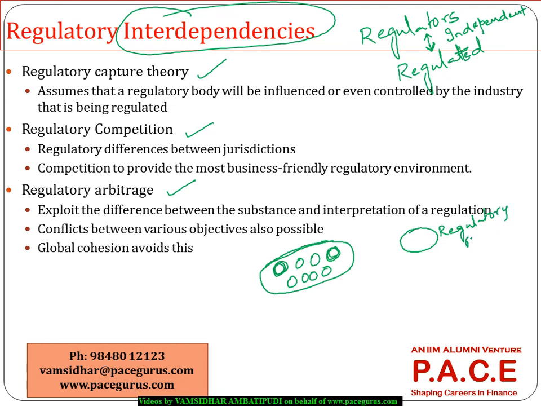So let's say on the regulatory board I am talking about person 1, 2, 3, and it may so happen that 1 is having one company in the same industry, 3 is a key member in one of the companies in the same industry. So if the regulatory board is influenced heavily by the people from the same industry, if not influenced, even controlled in some cases, then that is a scenario of regulatory capture theory.